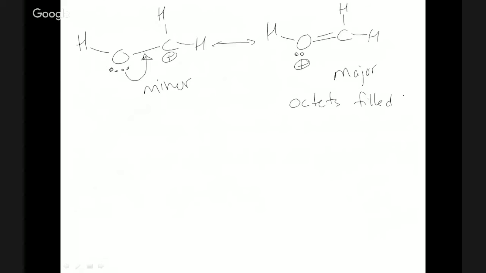We have filled octets here in the major, and that's a significant preference. And a plus charge only indicates formal charge. It doesn't mean the oxygen has electropositive character. We'll see. This is another clue to reactivity. A lot of these concepts we're just planting right now.